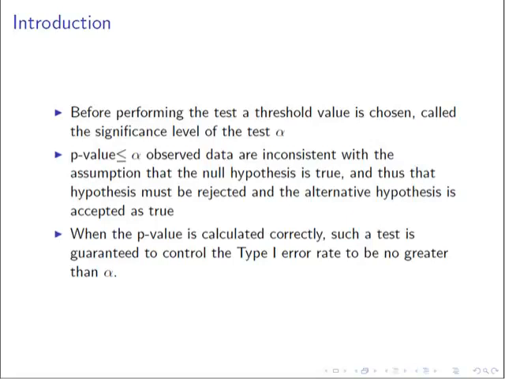Before performing the test, a threshold value is chosen, called the significance level of the test, traditionally 5% or 1%, and it is denoted as alpha.